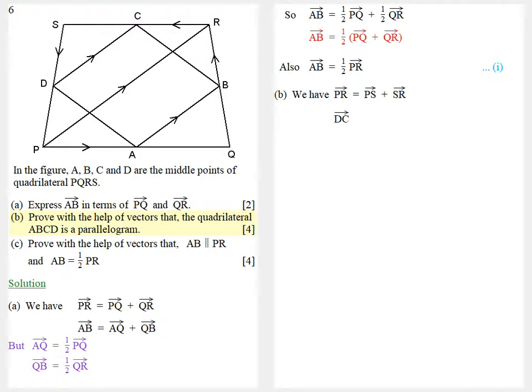Similarly, going from D to C is the same as going from D to S and then S to C. So DC is equal to DS plus SC. But DS is a half of PS.